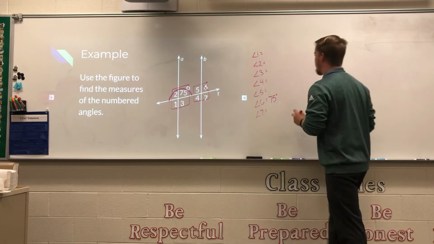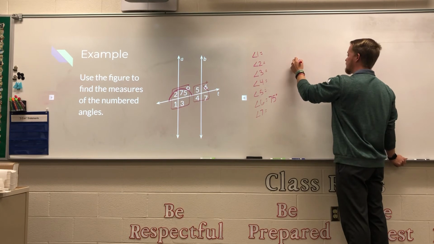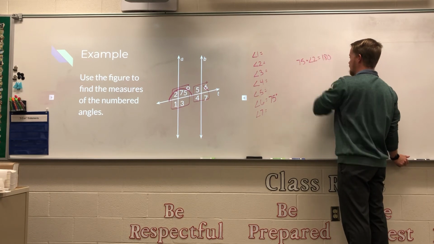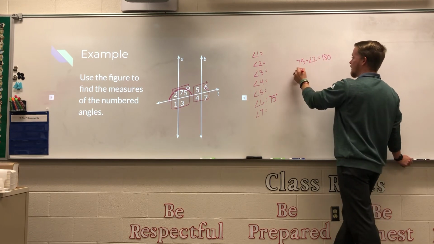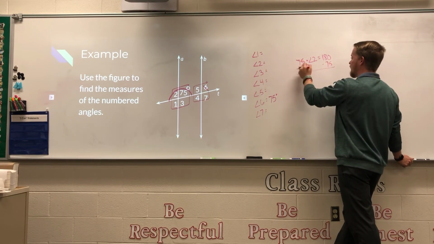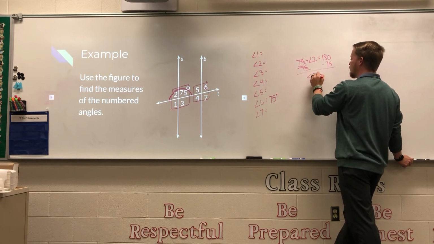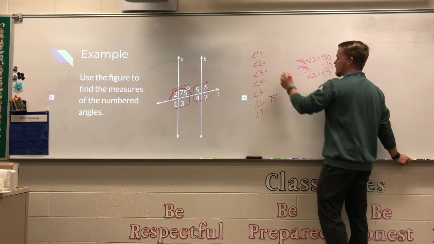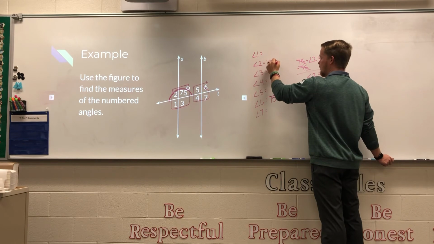So I'll use my equation, 75 plus angle 2 equals 180. And we just solve for angle 2 by subtracting 75 from both sides. Cancels, cancels. Angle 2 equals 105. So that means angle 2 is 105 degrees.